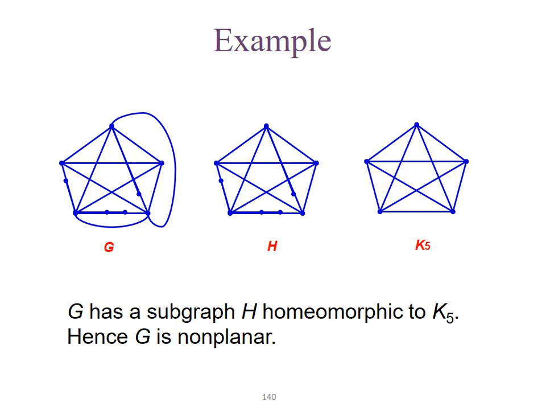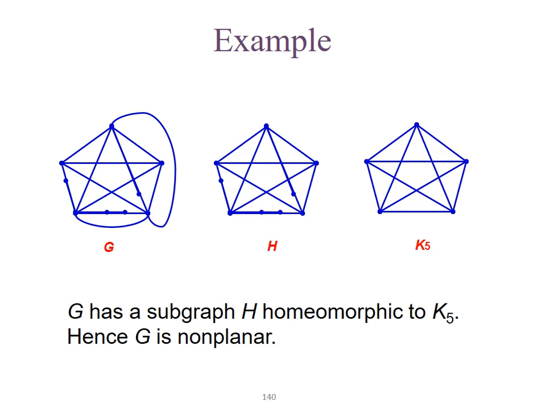All right, now let's see how we apply Kuratowski's theorem to determine whether the given graph G is non-planar. Compared to K5, we have two additional edges and four additional vertices.